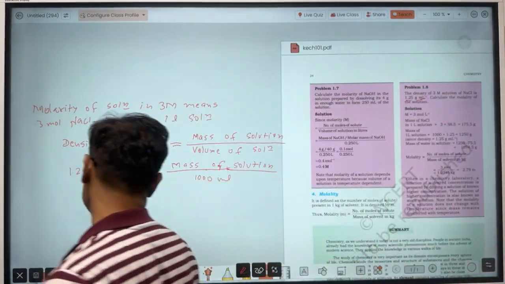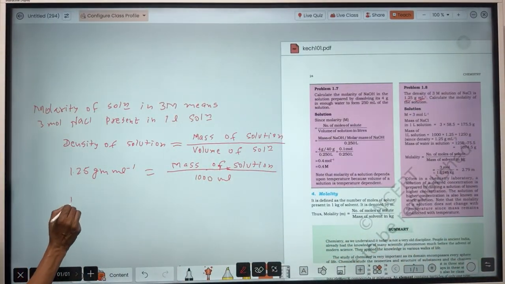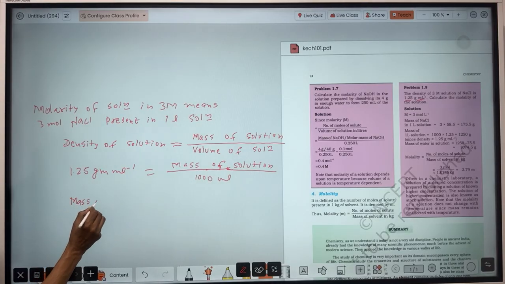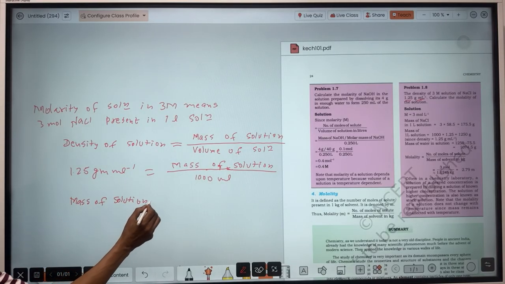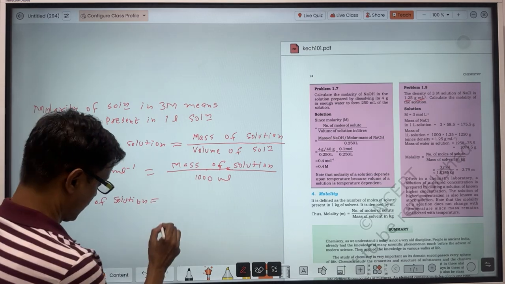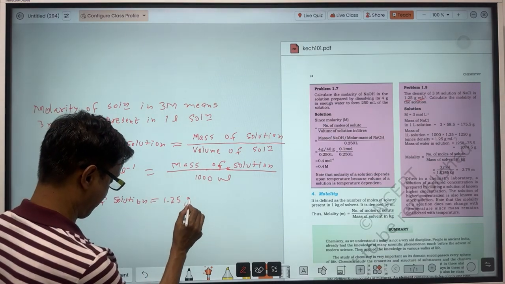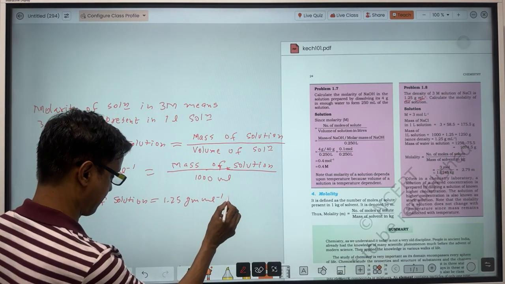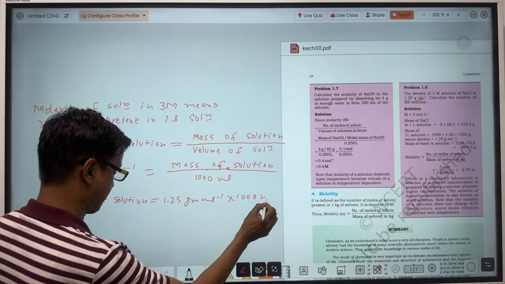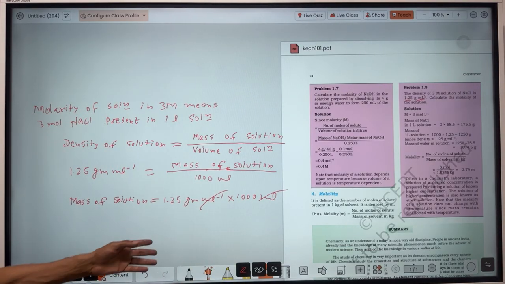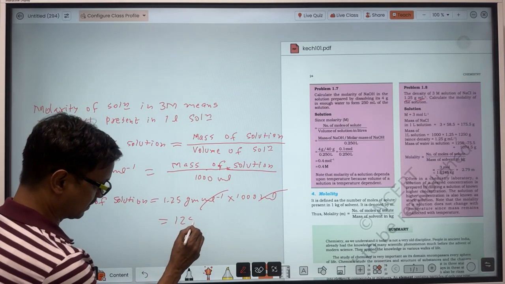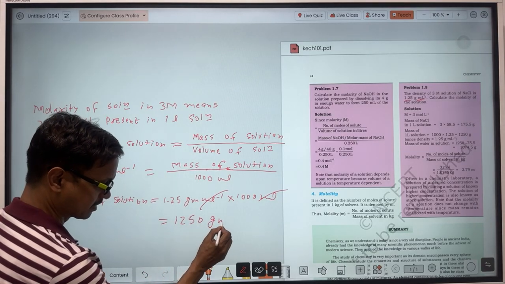So that's very simple. So milliliter inverse and milliliter will cancel out. So that will become 1250, that much gram.